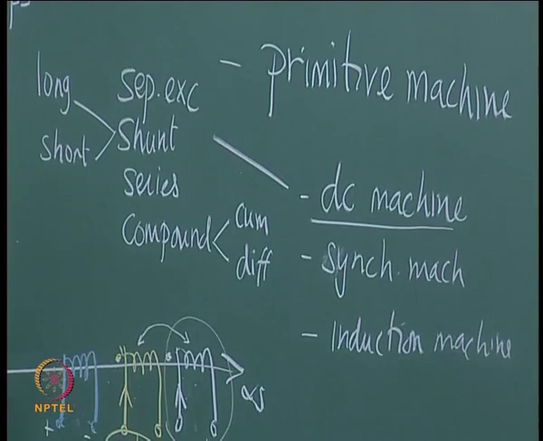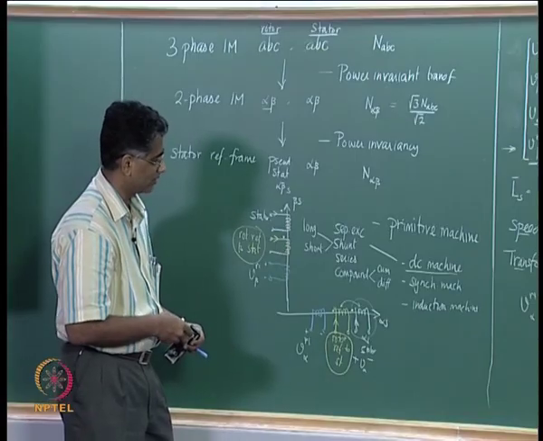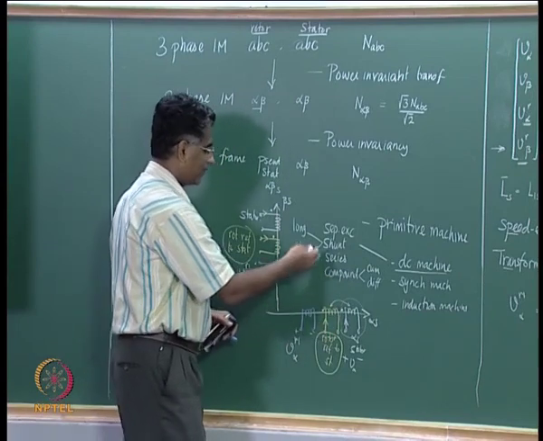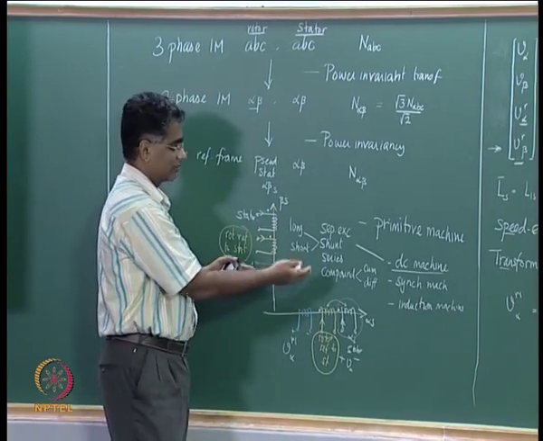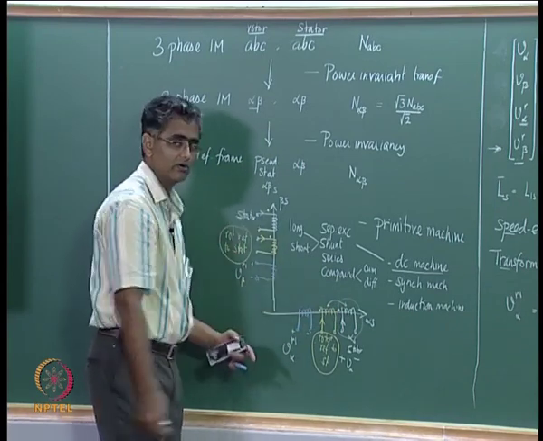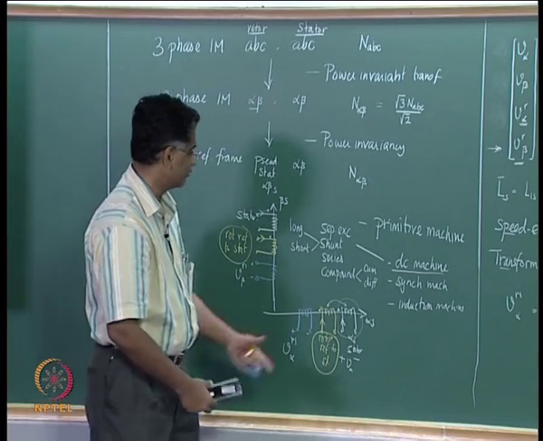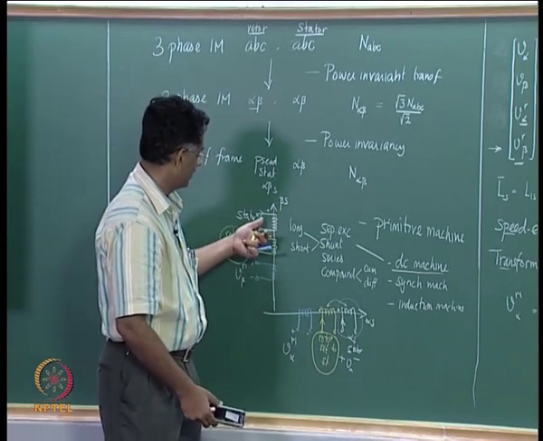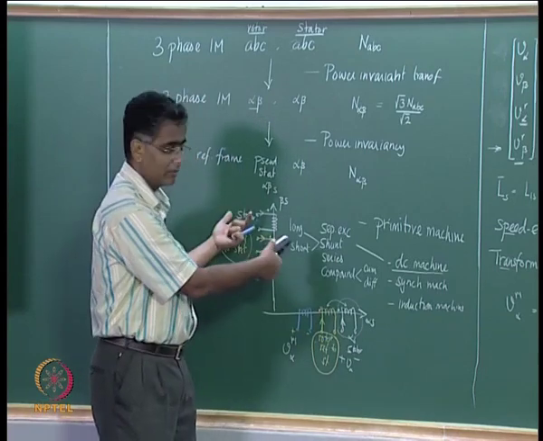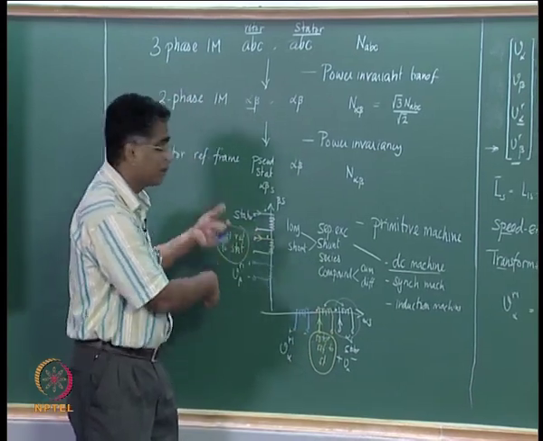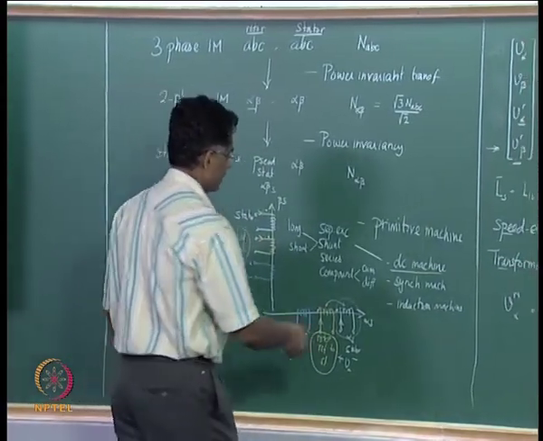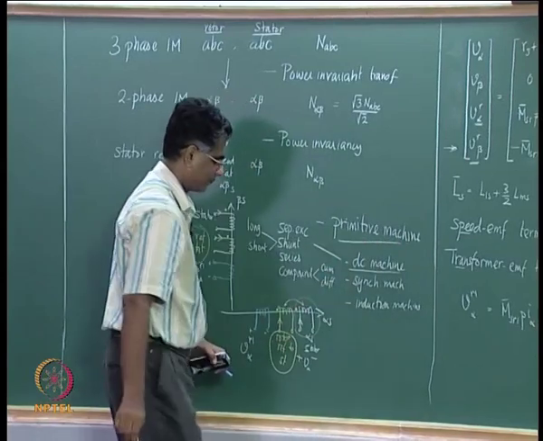One can go on to see, we will look at that in a little while, that all these machine descriptions can be arrived at from a machine description like this, where there are some n coils on the alpha axis and n coils on the beta axis. In the DC machine, a few of the coils here could be removed, a few coils here could be removed, and you get a particular kind of DC machine. Depending on the way you interconnect them, you get other kinds of DC machine, and that is why this is given this name.